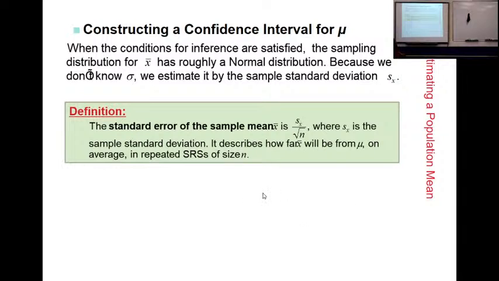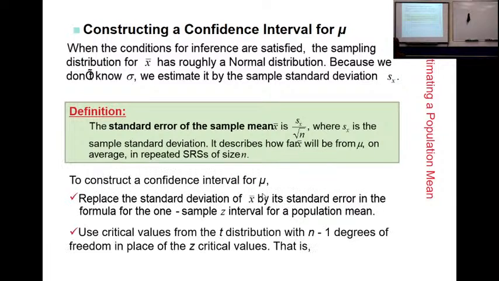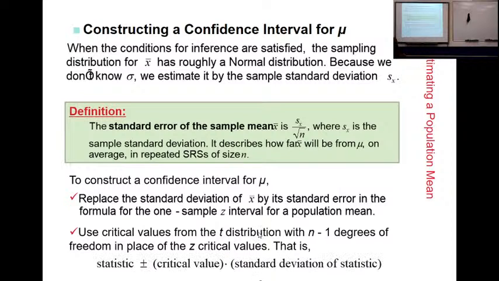First off, remember that our general structure is a statistic plus or minus the critical value times standard deviation. So all these pieces are going to look a little bit different. First off, the statistic we're using is a mean instead of a proportion. So instead of p hat, which we did before, it's going to be x bar, plus or minus the critical value.